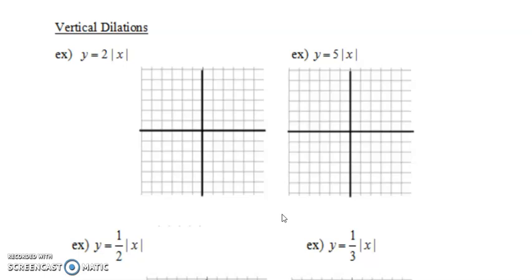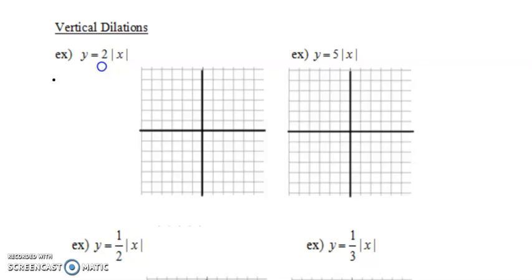Okay? If we had to multiply on the inside, so if it's absolute value of 2 times x, and that times 2 is on the inside, then it's a horizontal transformation. But we're just looking at vertical here with dilations.